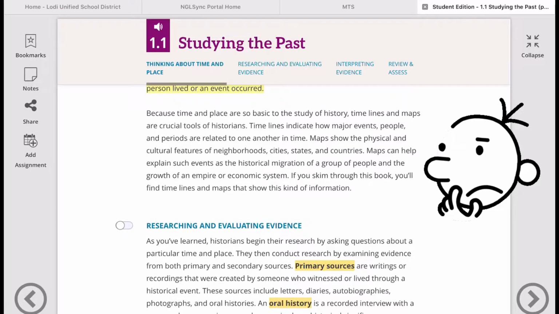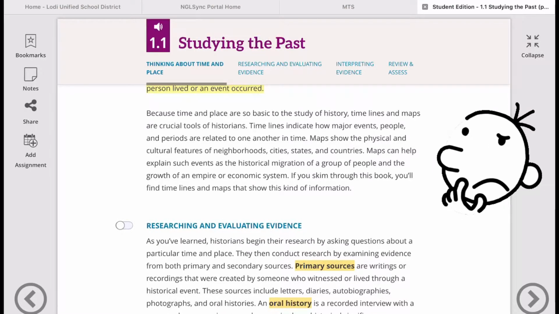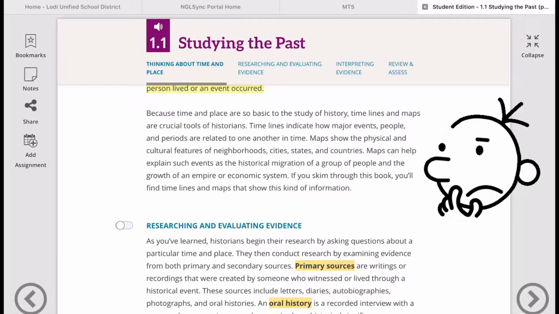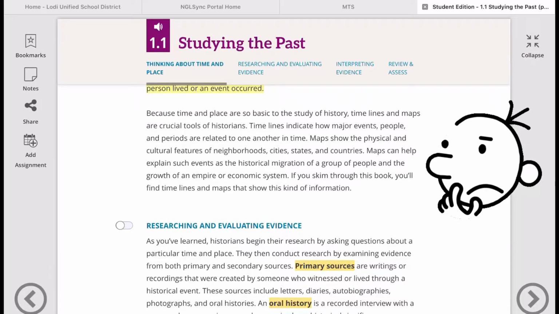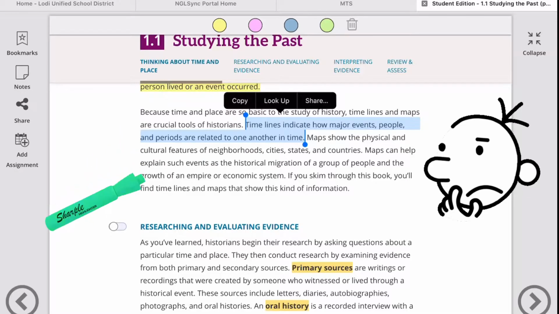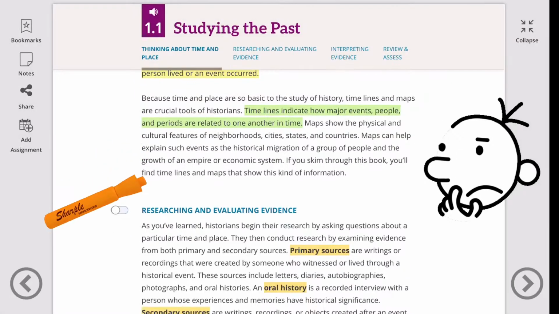Now, because time and place are so basic to the study of history, timelines and maps are crucial tools to historians. If you remember, we had a lesson about timeline and chronology, why it's important to understand the order of things and series of events and how and when they happened.